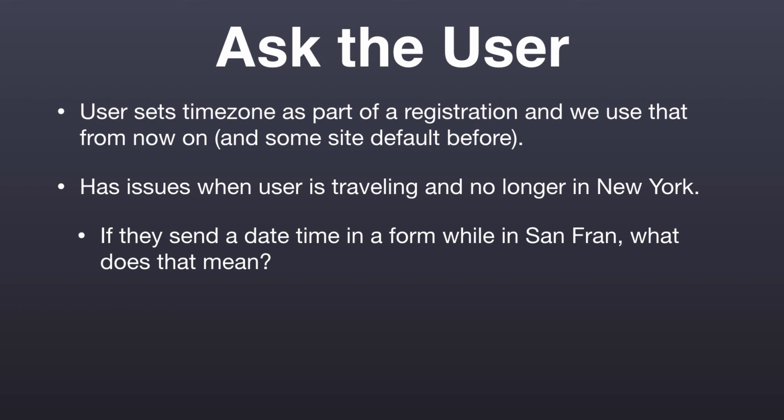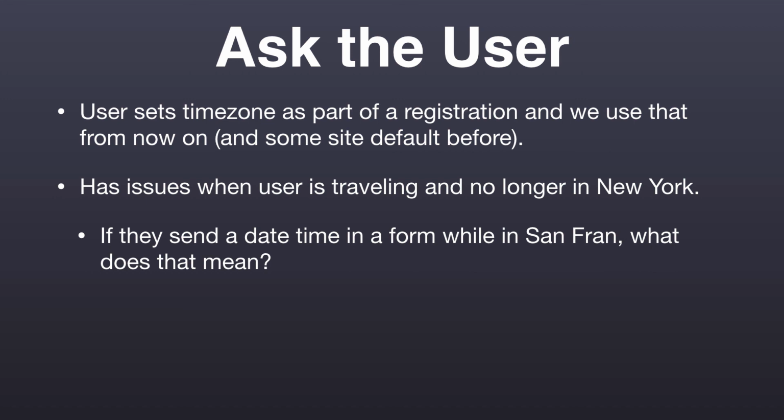But it does have some side effects, like once you ask the user what time zone they're in, it's static. So if they live in New York, but they're going to California for the week, all of a sudden they're typing in things in New York time, but it doesn't make sense because they're in California. And so that has its pitfalls.